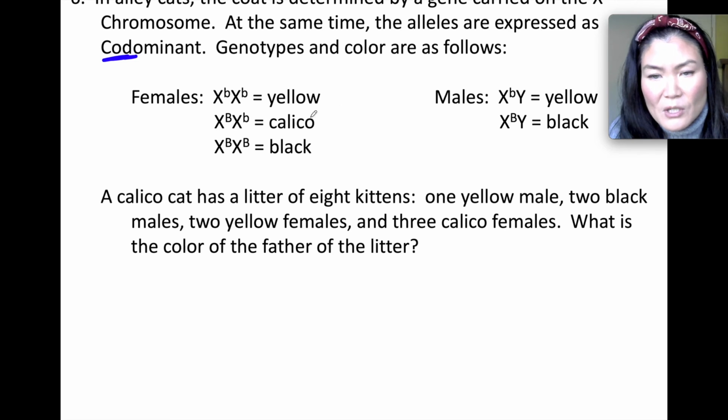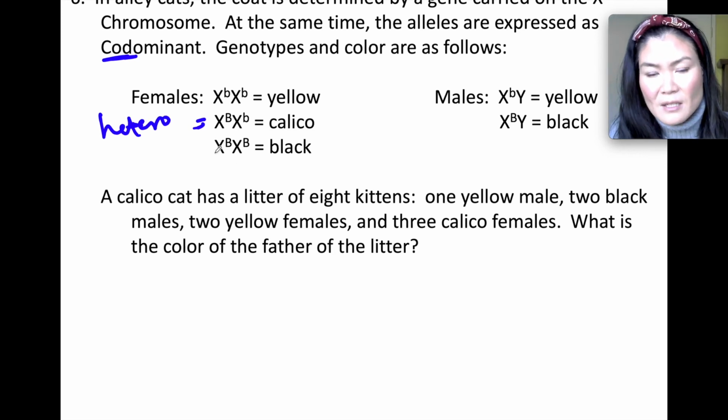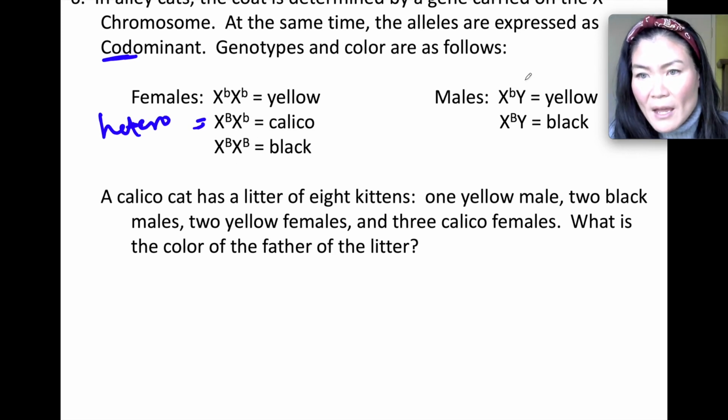Anyway. So this is what would give you yellow. Heterozygous is going to give you calico. And then black is X big B, X big B. Males, yellow, X little b, Y. Males, black, X big B, Y. So you're not going to find any calico males, so no calicos.